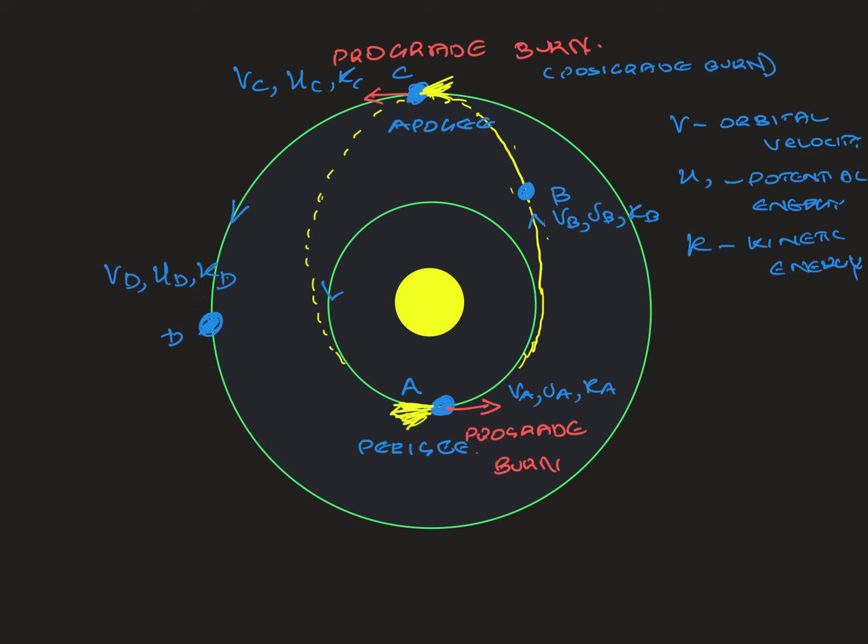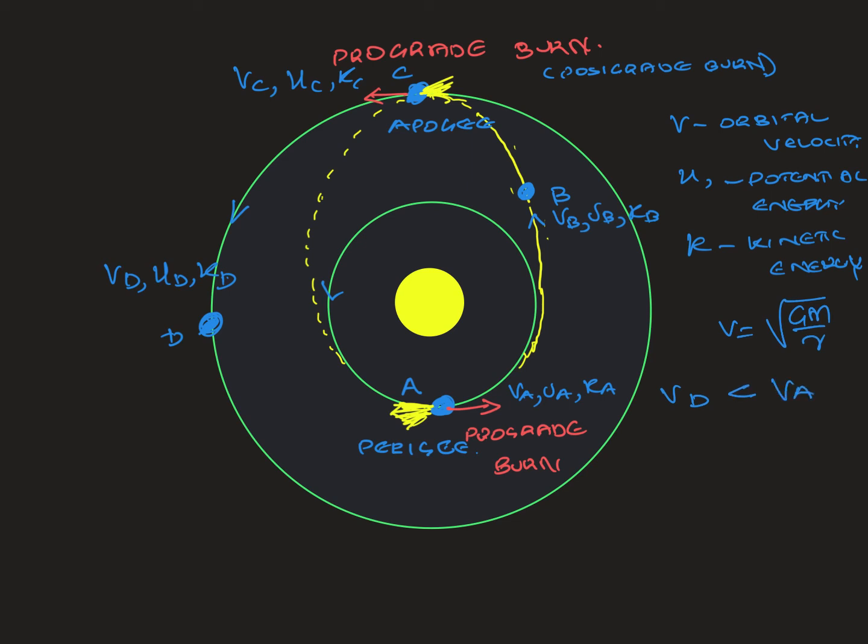And the next thing we looked at is the velocity and the kinetic energy, potential energy at each point here. In high orbits, the velocity is less than the low orbits, which we can use the formula v is equal to square root of GM over r. So the orbital velocity is less than the velocity in low orbit. So let's write that down. VD is less than VA.